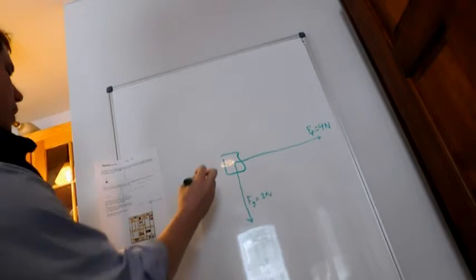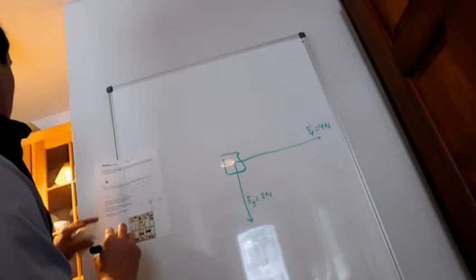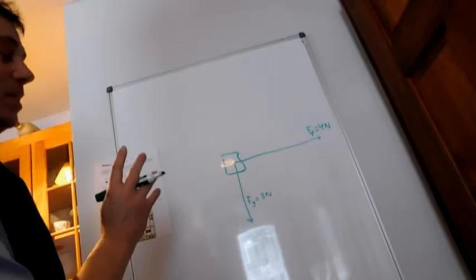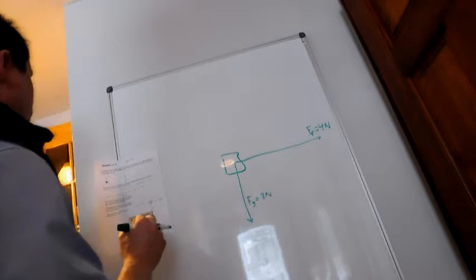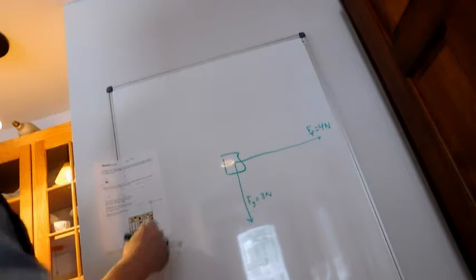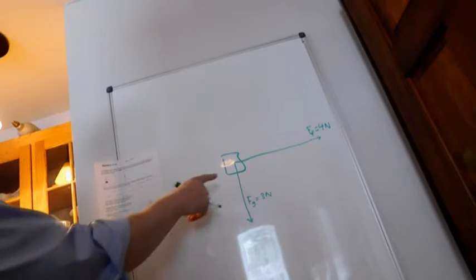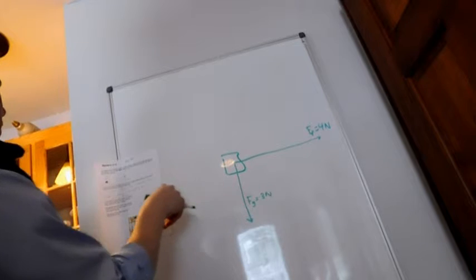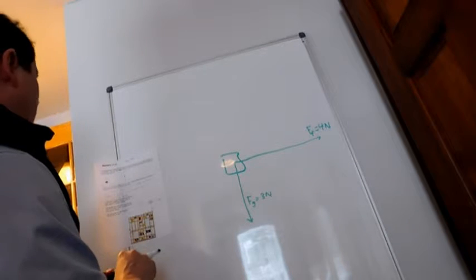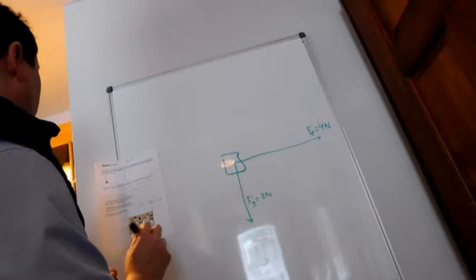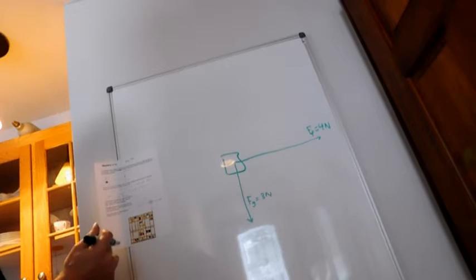Now let's read the problem. Okay, so the block is connected to a rope that is not shown in this diagram, and a tension is applied to the rope so that the block moves at a constant velocity. In other words, we're going to have to balance these two forces. Add one and only one force to the drawing, a force of tension, so that the block can move with constant velocity. Make sure that its direction and magnitude are clear.